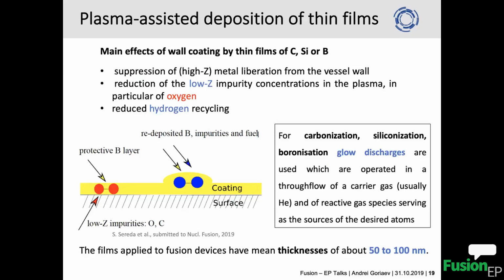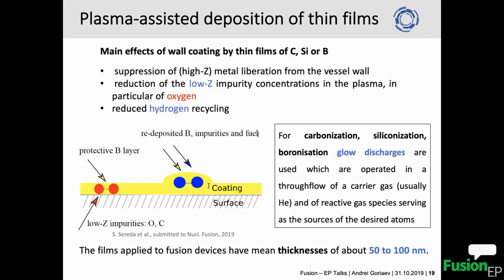Do you know what kind of carrier gases, or silicon-rich or carbon-rich gases, are used for carbonization or siliconization? Or if it's done differently?